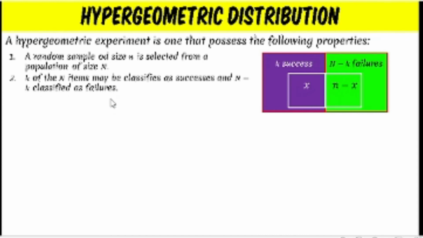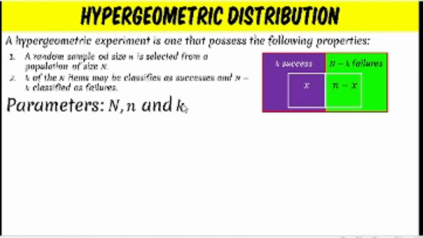What is the second property? K of the N items. So there are N items. We identify some part of it, that's k, and we classify it as the definition of successes. And N minus k will be classified as failures. So N minus k simply means the rest of N when we subtract k.